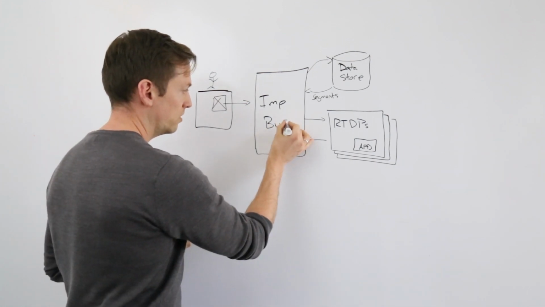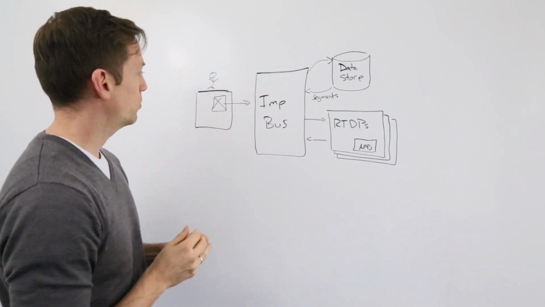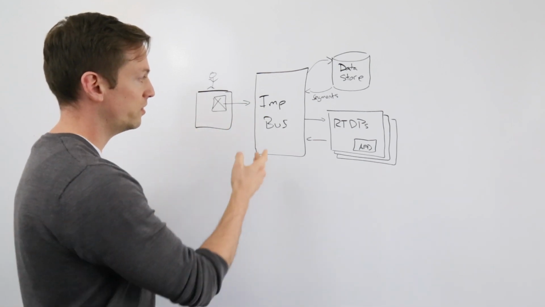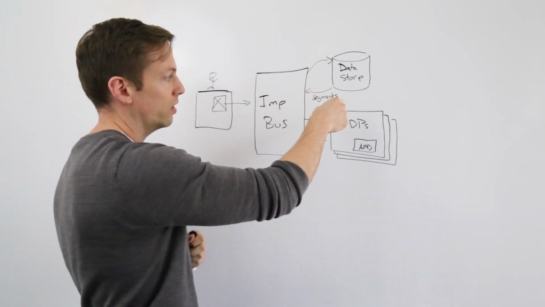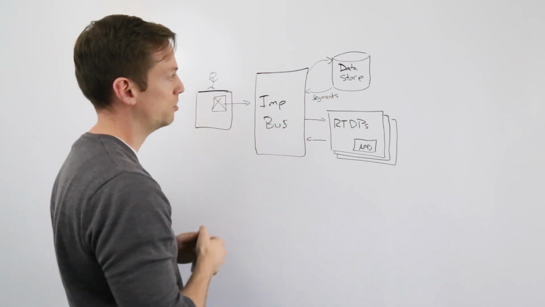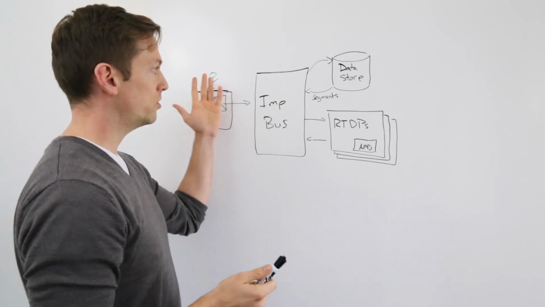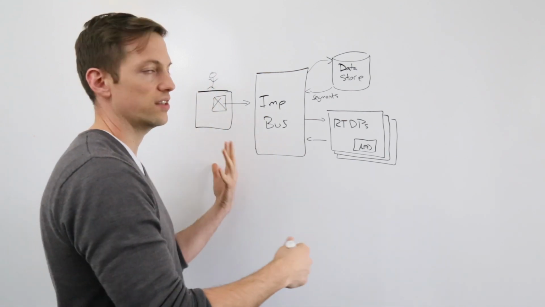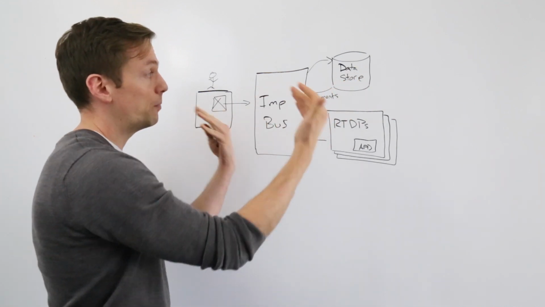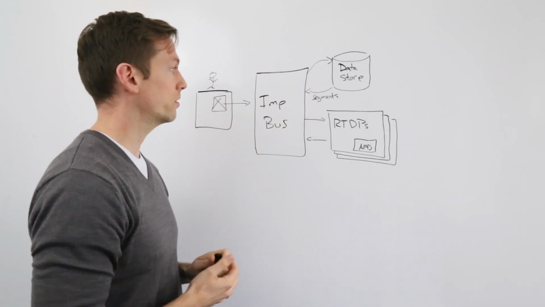The impression bus is going to basically dictate the terms in which this placement is filled. The way we do that first is we send this impression off to our data store and we retrieve segments or audiences that this user is actually a part of. We do that by looking up this user's cookie ID or the device ID that they're currently on. Segments are returned that represent the audience that this user is a part of.